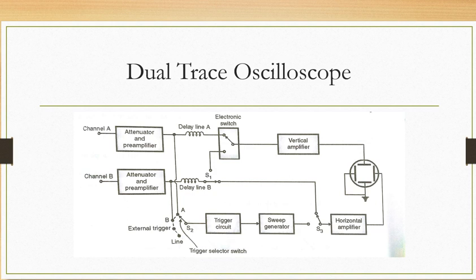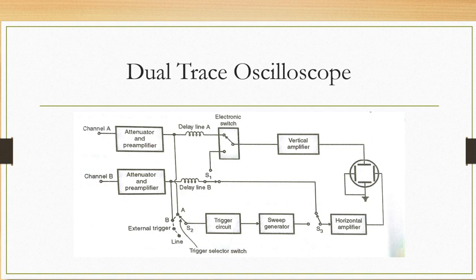Again, the simple difference between a single trace and a dual trace oscilloscope: single trace uses a single beam and displays a single waveform only, but dual trace also uses a single beam, yet it displays two signals at a time. But how is it displayed?